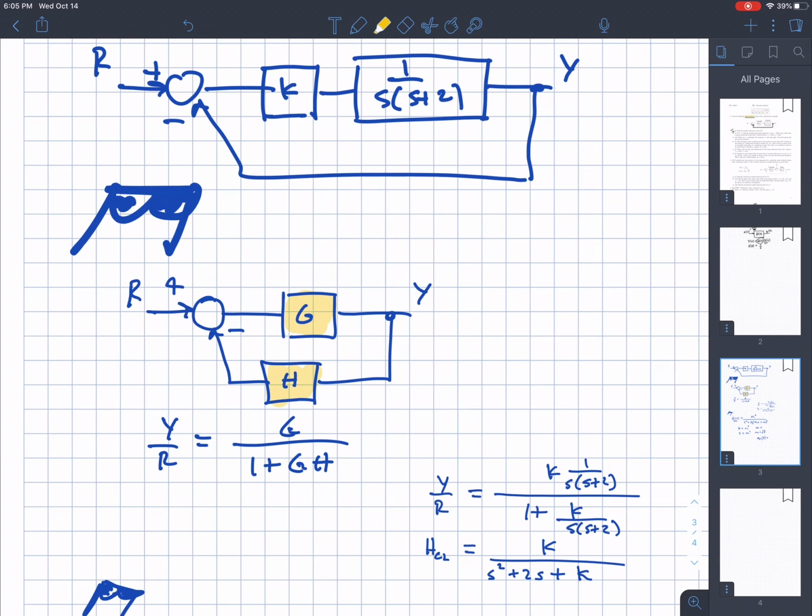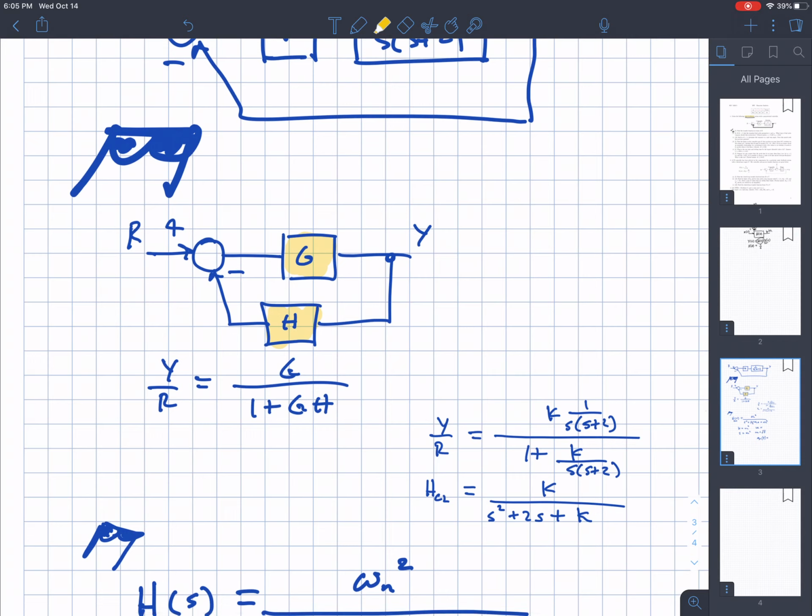I think you did some work on block diagram reductions where you looked at this type of system. The transfer function between Y and R, and you can derive this, is the forward transfer function gain, which would be G, divided by 1 plus G times H. It's plus because this is negative feedback. I put some glasses here, which means you need to recognize this pattern.